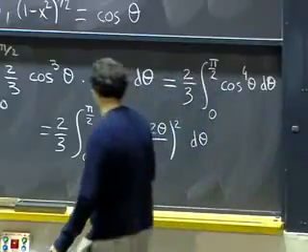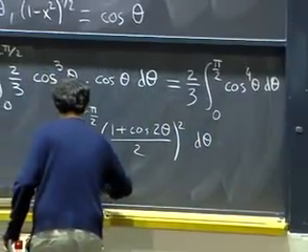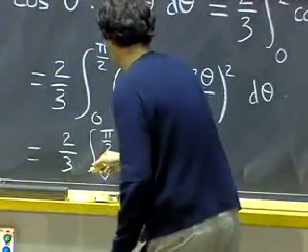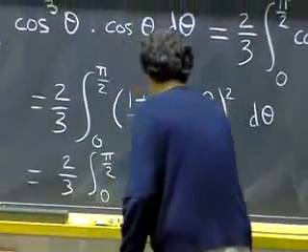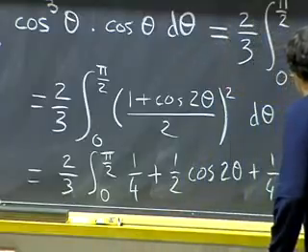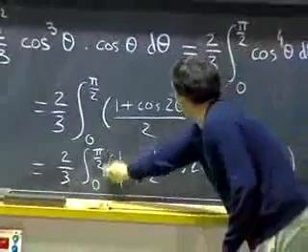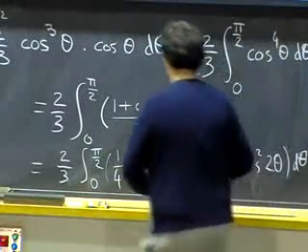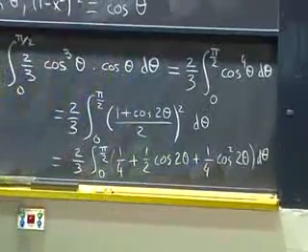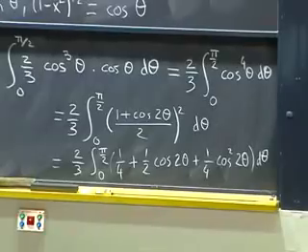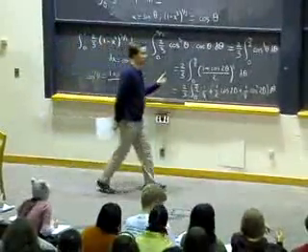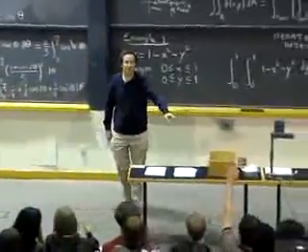And so that will give us 1/4 plus 1/2 cosine 2 theta plus 1/4 cosine squared 2 theta d theta. And how will you handle this guy? Well, using again the double angle formula. Okay, so it's getting slightly nasty. I don't know any simpler solution, except that you have a table of integrals of this form inside the notes.